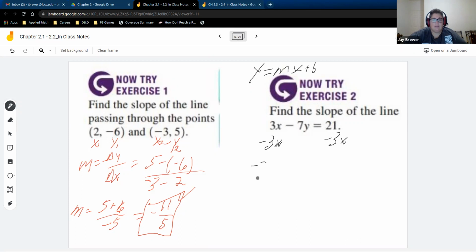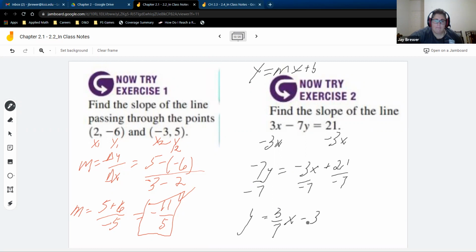So we have minus 7y equals -3x plus 21. And then going to divide all parts by -7. So y is equal to negative over negative gives us positive, so 3/7 x. And then positive over negative gives us negative, so -3.